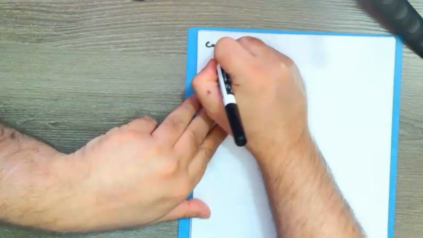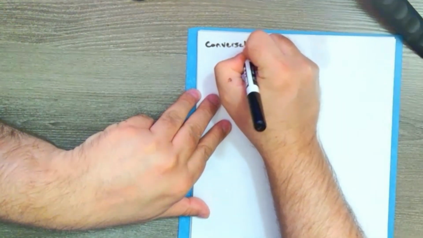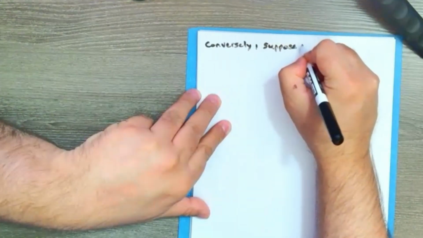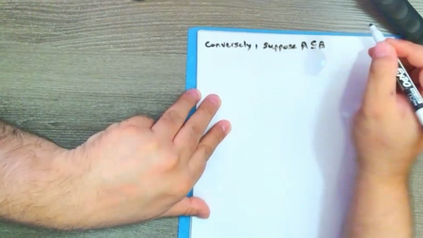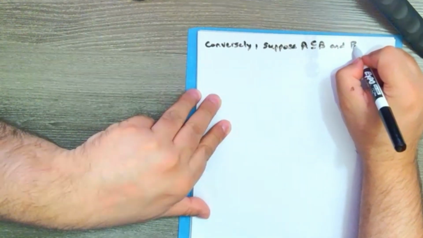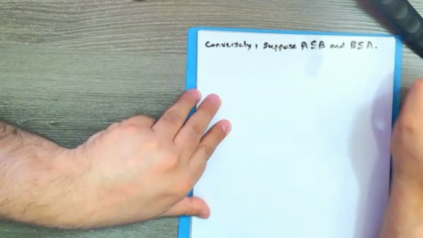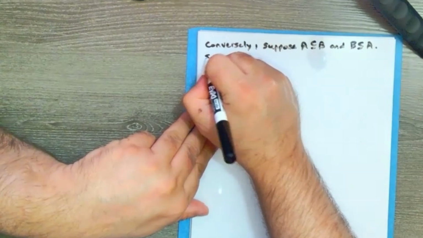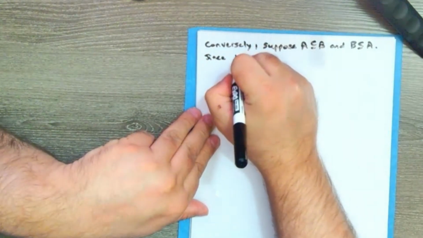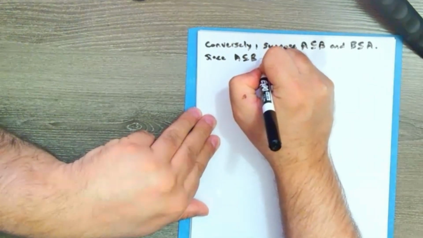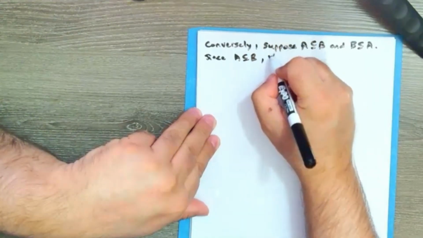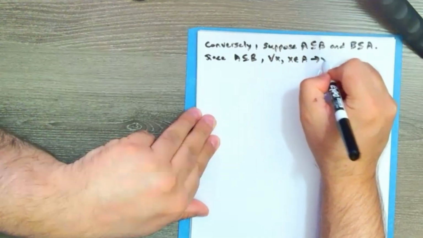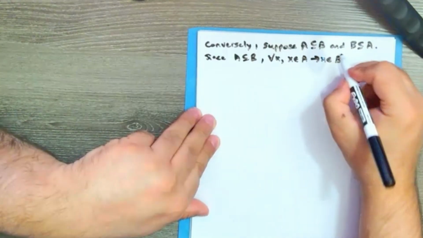So conversely, suppose that A is a subset of B and B is a subset of A. Then since A is a subset of B, we have that for every element x, the implication x is in the set A implies x is in the set B is true.